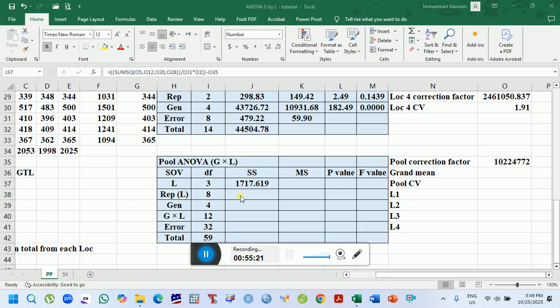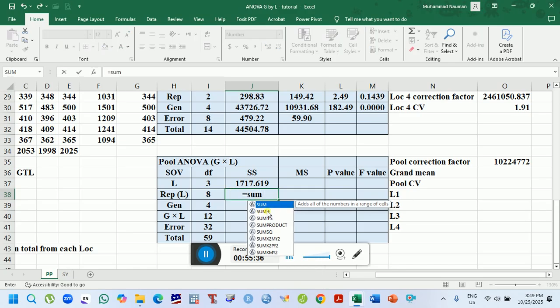Okay. In order to calculate the reps within location sum of square, we will just sum each location's replication sum of square. It is very simple. Is equal to SUM.